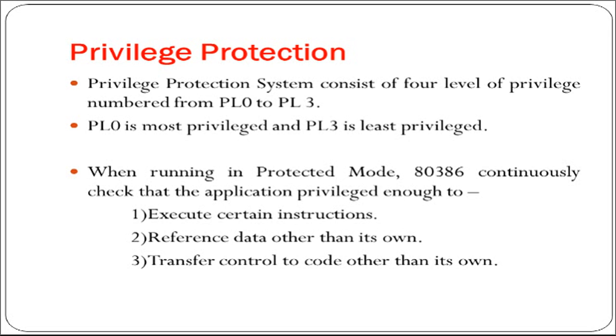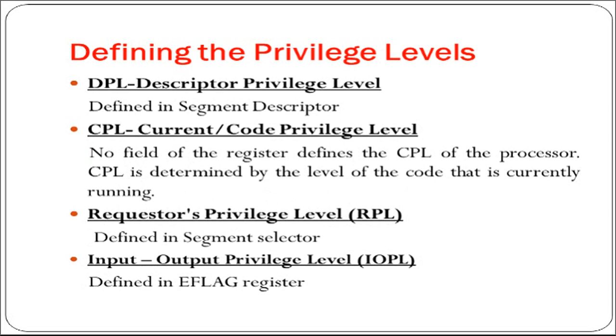Whenever any program is running in protected mode, the 80386 continuously checks that the application is privileged enough to execute certain instructions, to refer to data other than its own, and to transfer control to code other than its own. Therefore, the need comes for changing the privilege level.